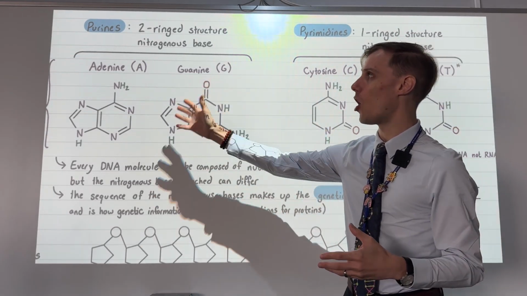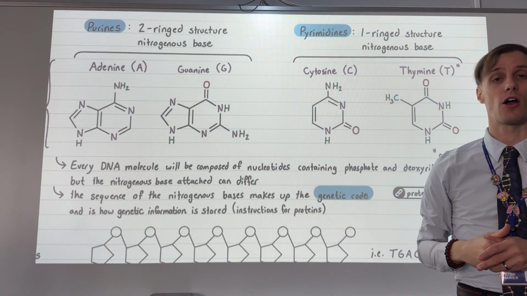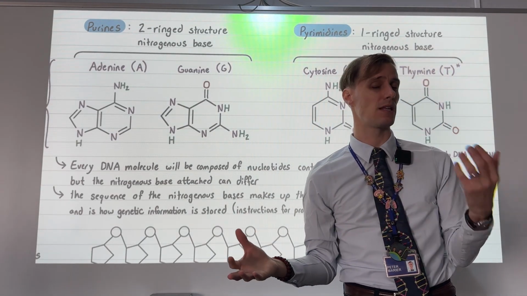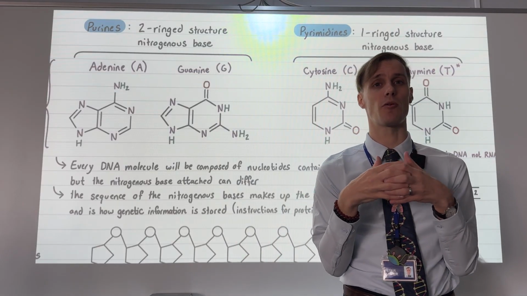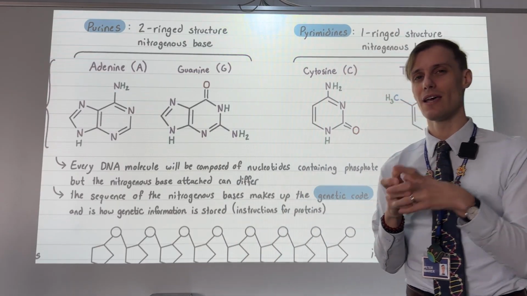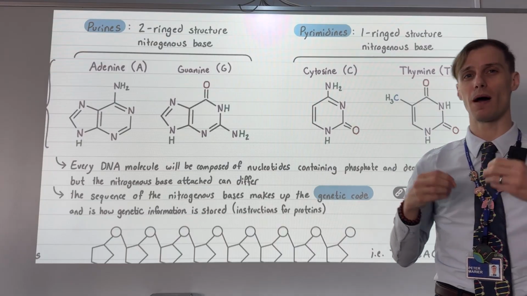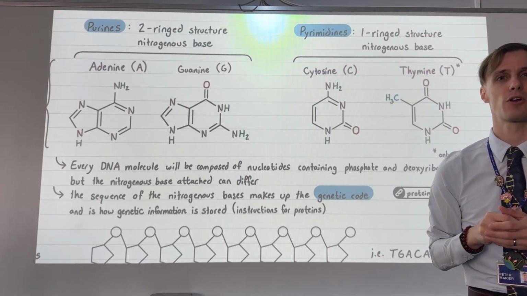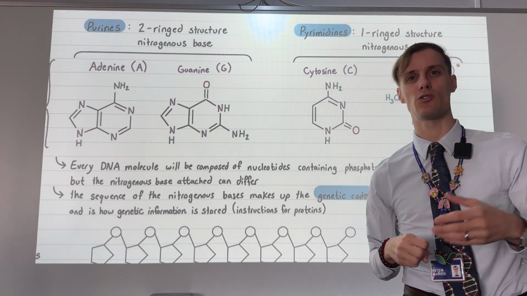So all of these nitrogenous bases are in fact polar, and because they have slightly positive areas, slightly negative areas, they can interact forming intermolecular hydrogen bonds. However, the way in which they form hydrogen bonds is very, very specific, and something that we're going to explore in a second called complementary base pairing.